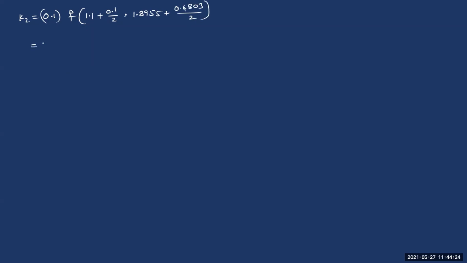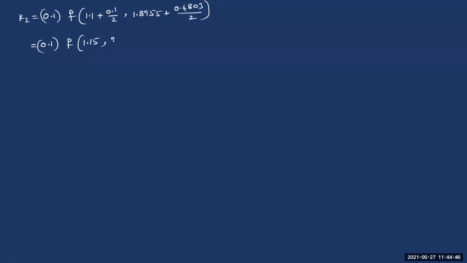Let me simplify this. It is equal to 0.1 into F of, 0.1 by 2 is 0.05, so we get 1.15, comma, 1.8955 plus 0.4803 by 2.